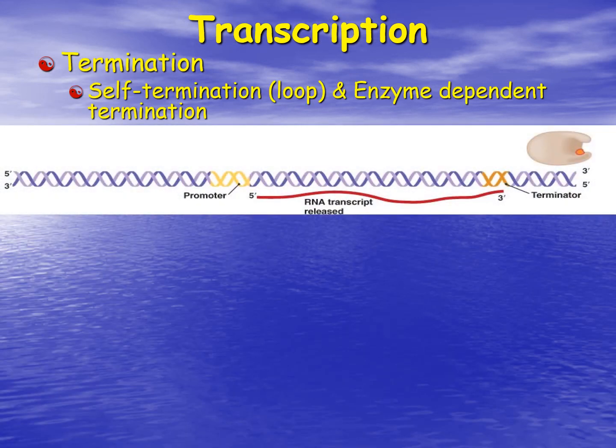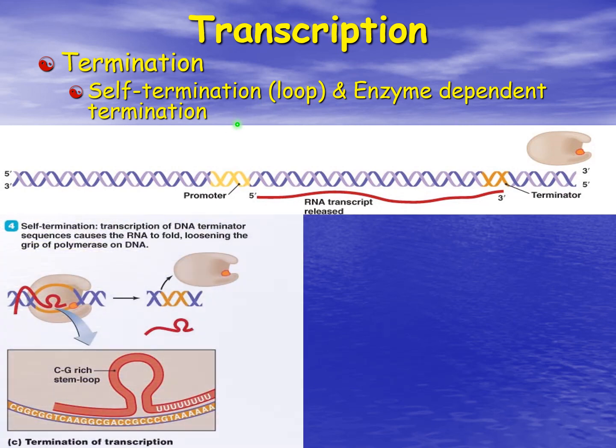When we get to the termination or the terminator of the gene, this simply is going to tell the RNA polymerase we're done copying the material in the gene. And termination can occur by two methods in eukaryotic cells, either by self-termination, which we sometimes refer to as loop termination, or enzyme-dependent termination.